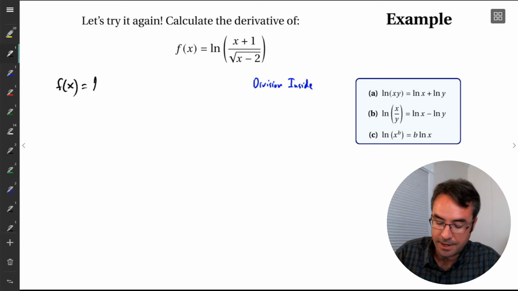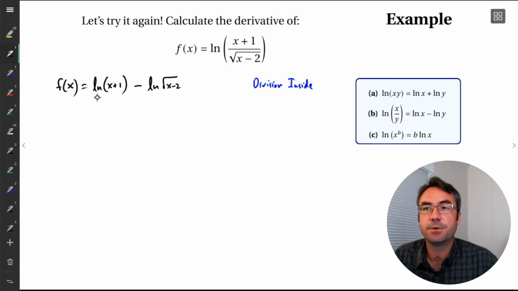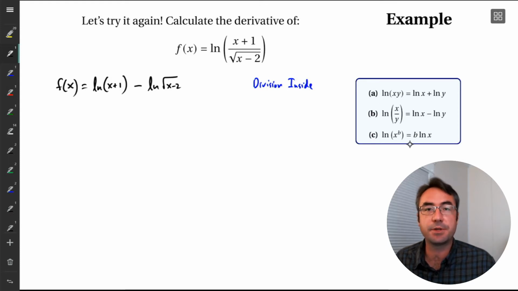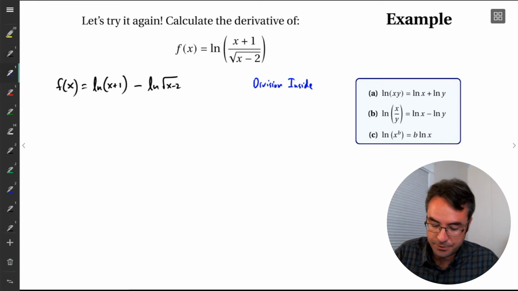So we're going to have the natural log of x plus 1 minus the natural log of the square root of x minus 2. So it's the natural log of the top minus the natural log of the bottom. And we're not doing any derivatives here. This is just the log properties. These are just algebraic properties of the log function. No calculus here. So we're using log property B here.